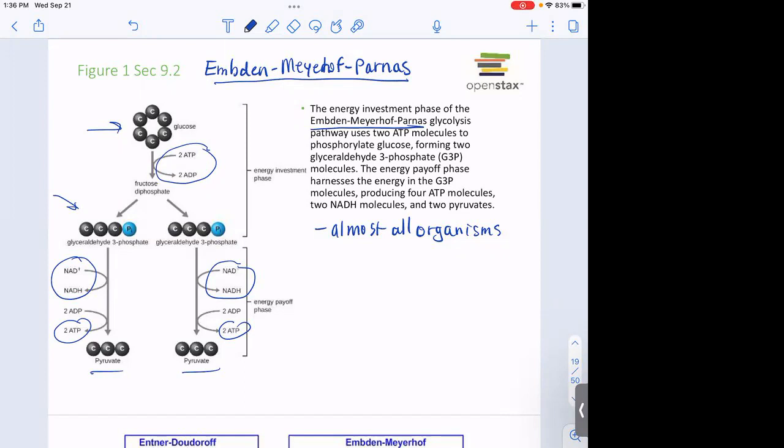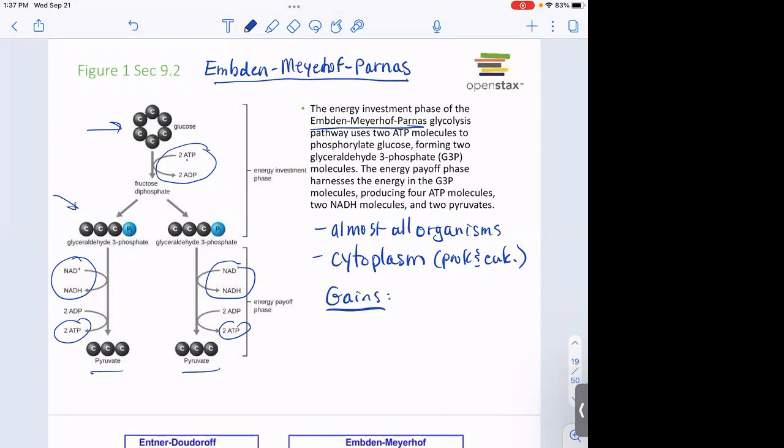Okay, so let's see. Who's doing it? Where are these reactions taking place? Cytoplasm. And that's prokaryotes and eukaryotes. Doesn't matter, it's going on in the cytoplasm. Okay, so what are we gaining from the Embden-Meyerhof-Parnas pathway?